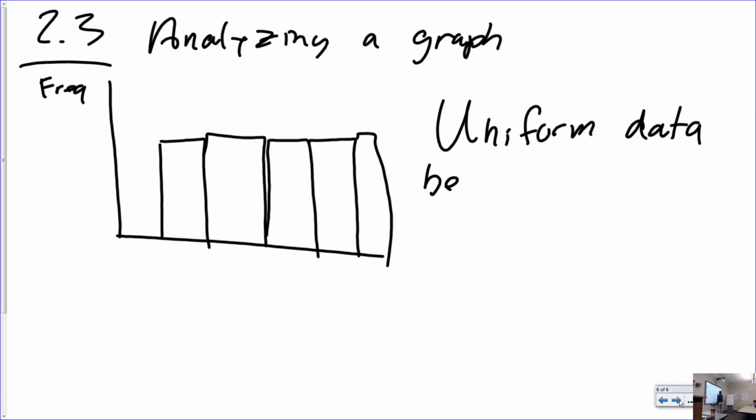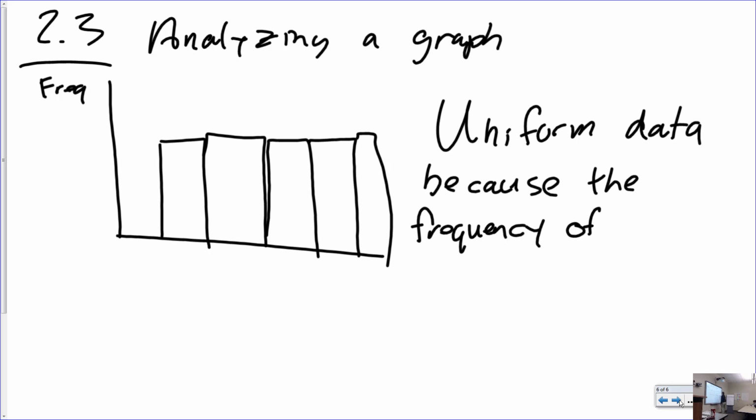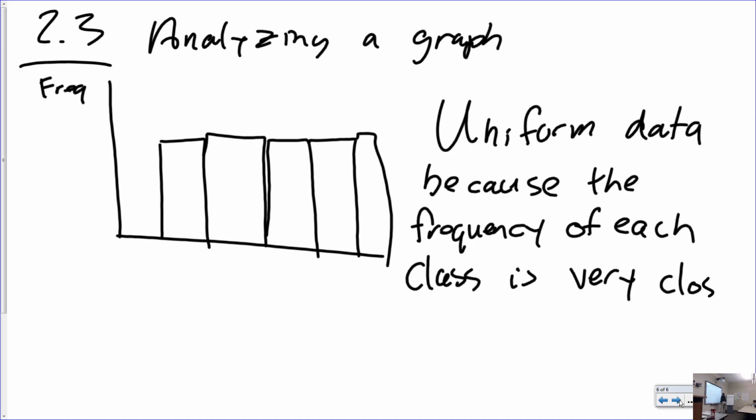Uniform data, because the frequency of each class is very close. It doesn't have to be exactly equal to be uniform. It's obviously nice if it's all exactly equal, but as long as it's close, you can say that it's uniform.